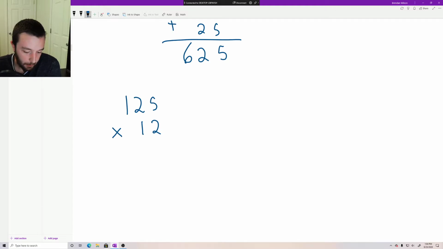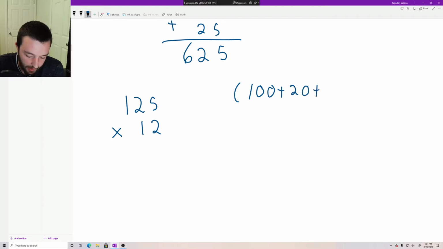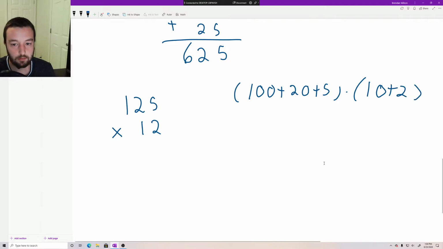Well, if we think about breaking it down again, this is like 100 plus 20 plus 5 times 10 plus 2. So what we want to do is take the 10 and multiply it by all of these, and the 2 and multiply it by all of these.